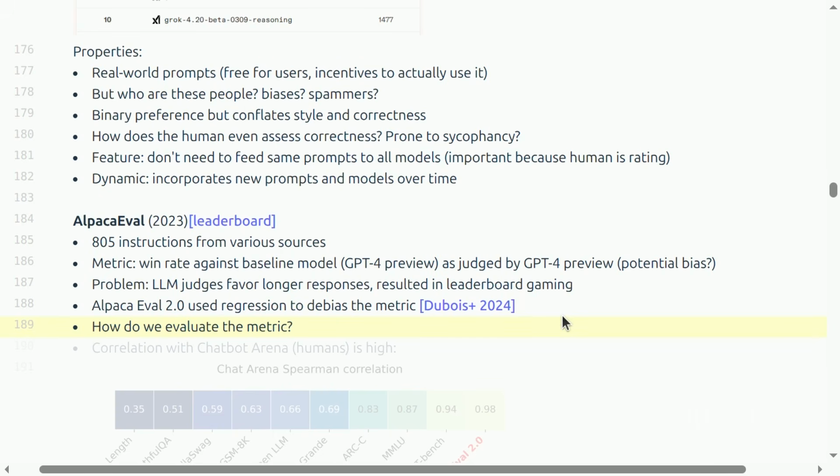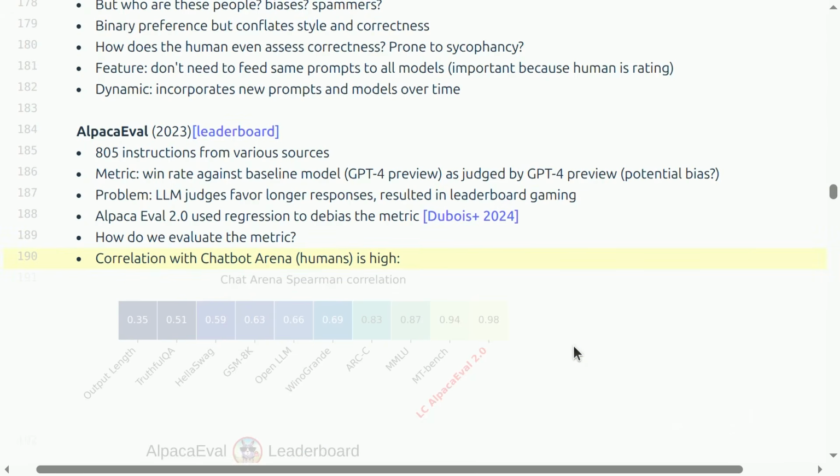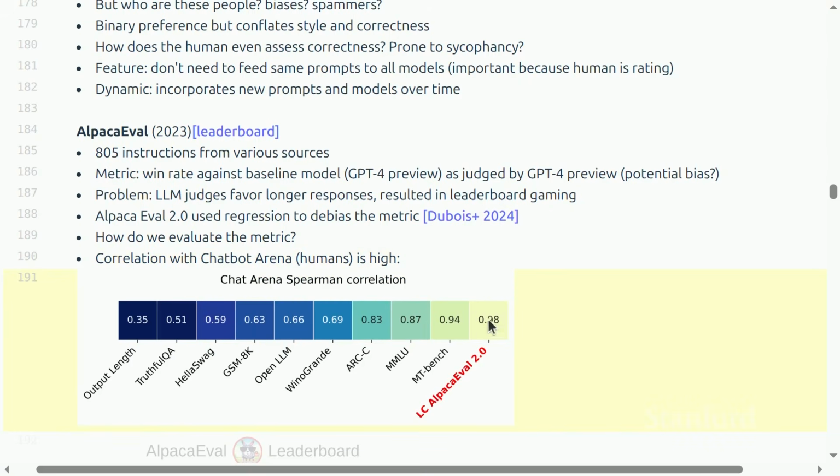One thing you can do, more of a sanity check, is look at correlation with other metrics, with the idea that higher isn't necessarily better in all cases, unless you are trying to mimic this other metric. So AlpacaEval's correlation with Chatbot Arena is 0.98, which is quite high.